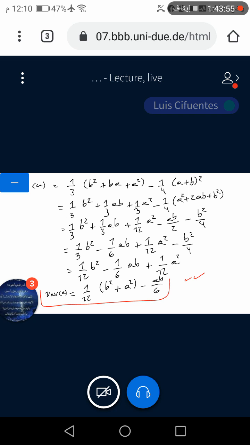Any comment or questions or any doubt that you have related to the lecture or related to these exercises, just please let me know in the chat or use your microphone, please.